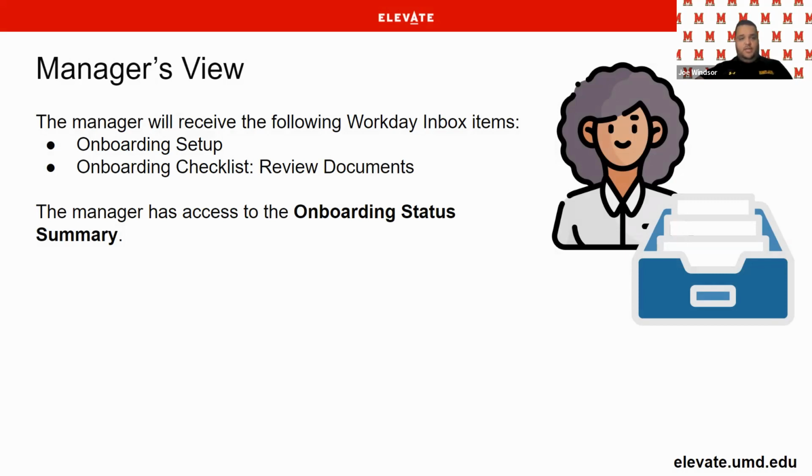They'll receive the onboarding setup, which is what we'll demo today, and the onboarding checklist, review documents. Managers can also access the onboarding status summary. A manager can view all completed and in-progress tasks for their employees in one view. We'll cover this in the next few slides.